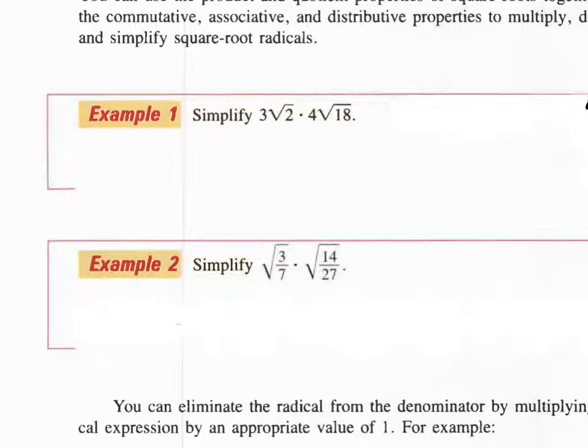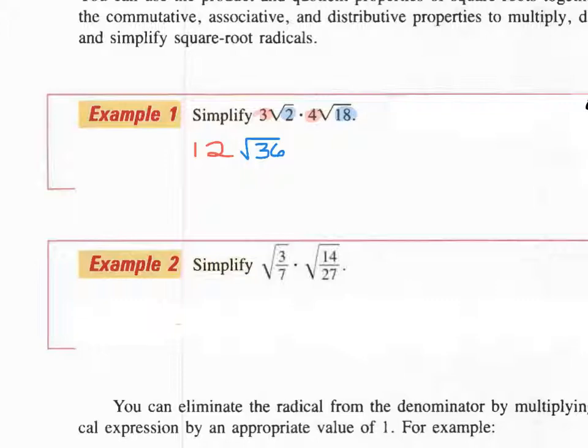I'm going to multiply the two whole numbers together. So the 3 times the 4, or the two numbers that are outside of the radical together. And then you can multiply inside the radical, or under the radical, together. So then I would get 2 times 18, and I would get 36.